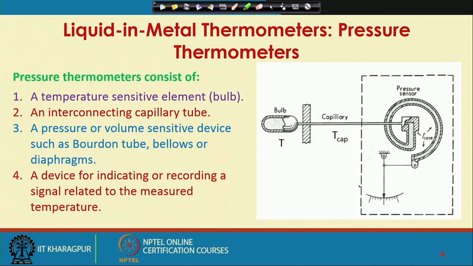Now, as we just discussed, this bulb will receive thermal energy from the medium and a pressure will be developed.